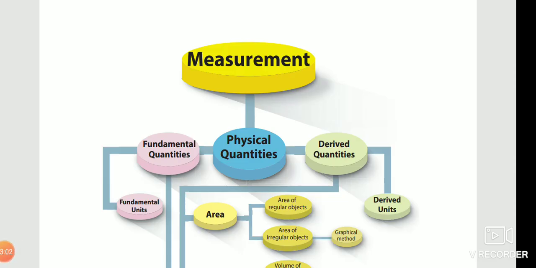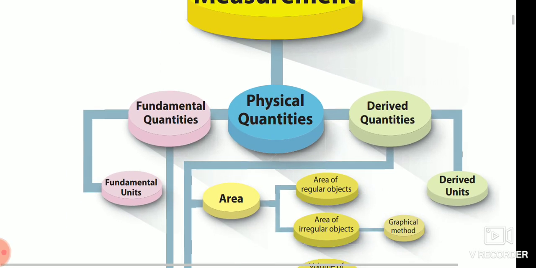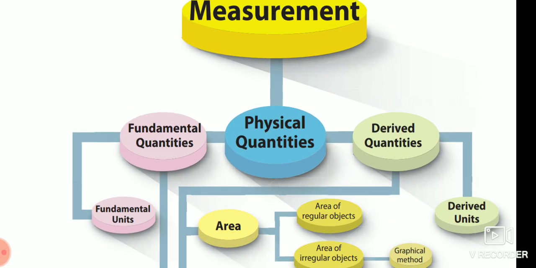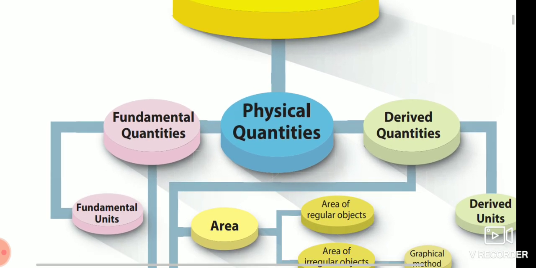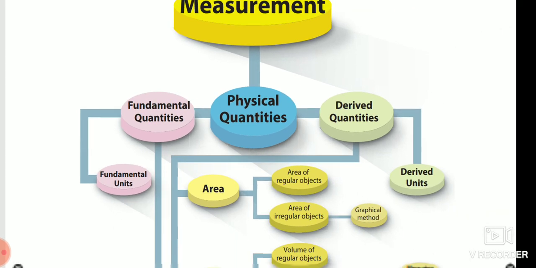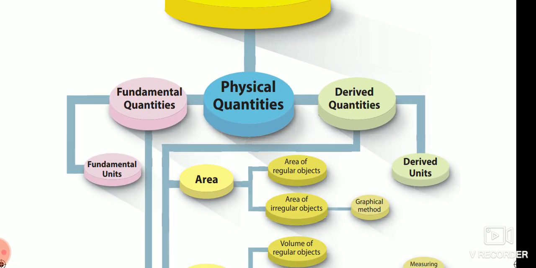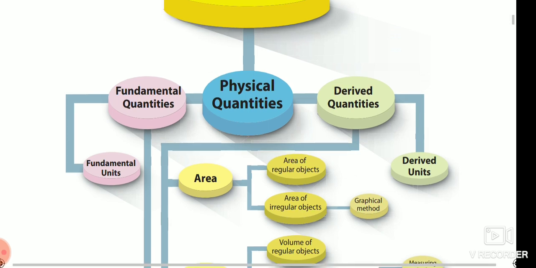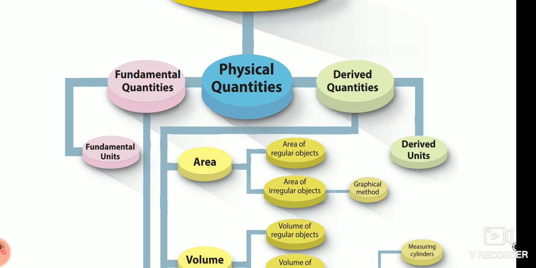Listen, one chart is given, a measurement chart. This is the overall measurement: fundamental quantities, physical quantities, derived quantities, then fundamental units, area of regular objects, area of irregular objects. We have studied the graphical method. Then derived units also, derived quantities, whose units are derived units.